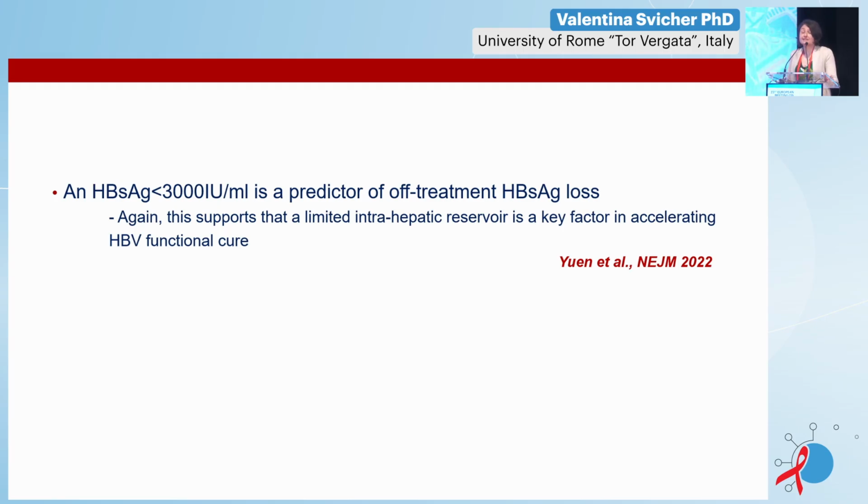An important result is that the highest rate of HBsAg loss is observed in people with a low HBsAg at baseline, again supporting that a limited intrahepatic reservoir can play an important role in promoting or, let's say, accelerating the achievement of HBV functional cure.